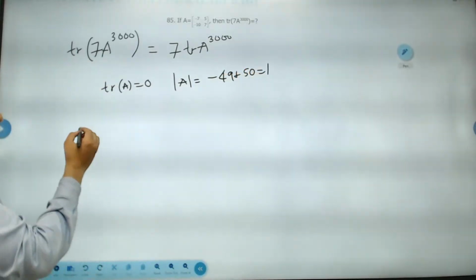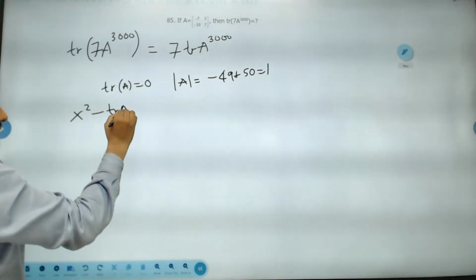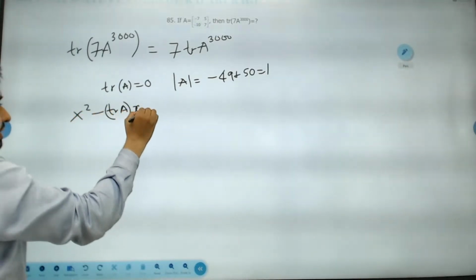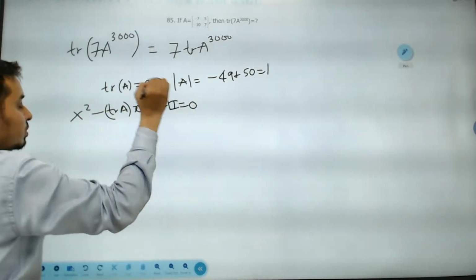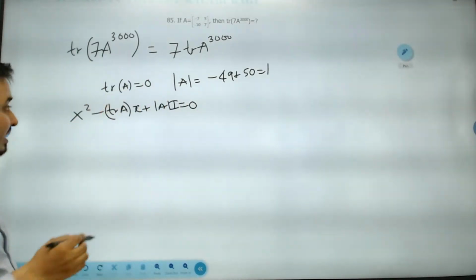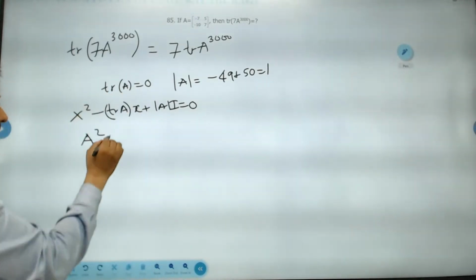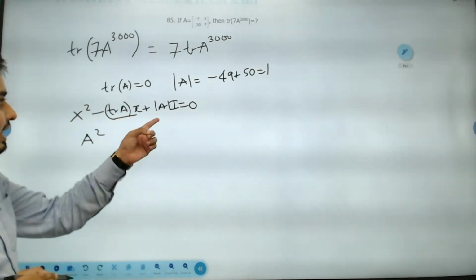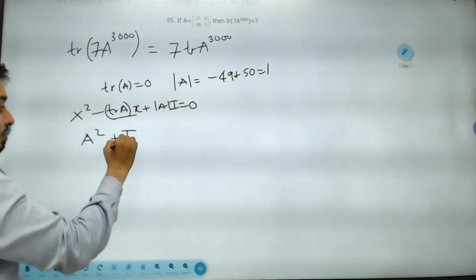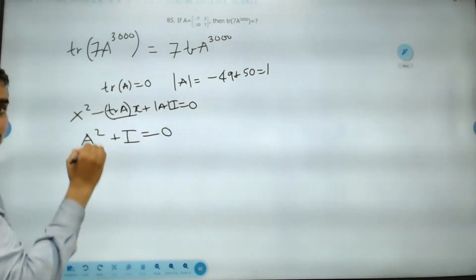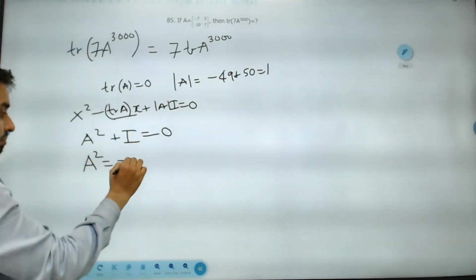So as per the characteristic equation, again, it is x square minus trace of A x plus det A I is O. So if we put matrix A in this, we get A square, and trace of A is 0, so the second term will be 0. And det A is 1, so it's plus 1 into I. So A square plus I is O. That gives us A square is minus I.